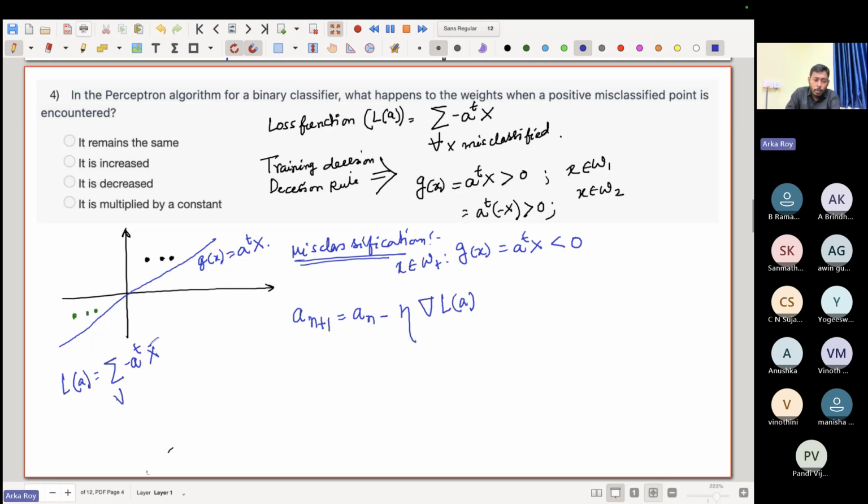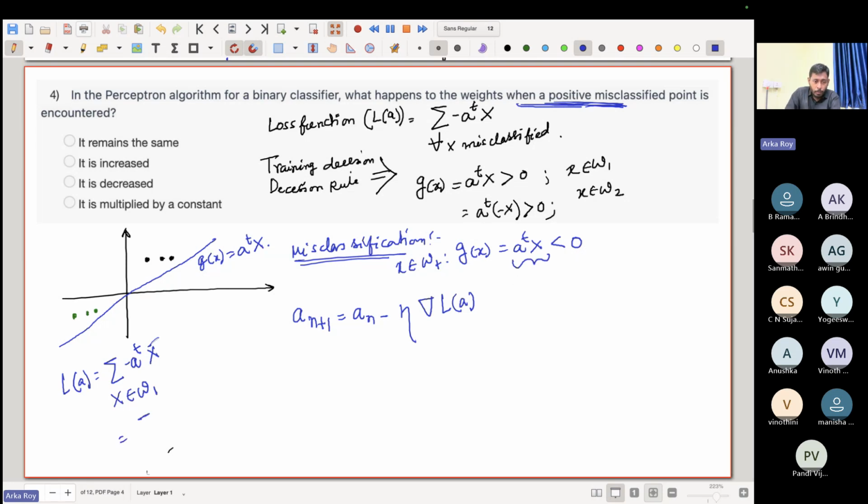And let's say your X, as per this particular question, belongs to a positive misclassified point. So when X belongs to omega 1, you can see that your A transpose X itself is negative.